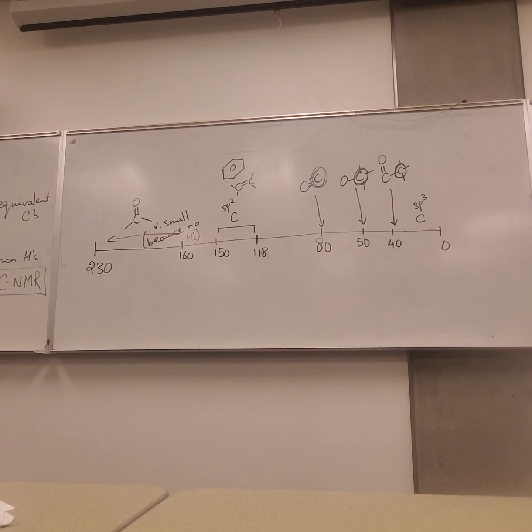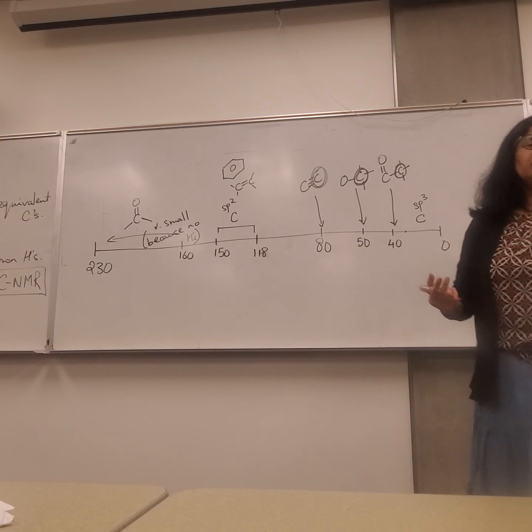Sometimes you're looking at a spectrum where one signal is yay big and the other is yay small. In those cases, we can make an educated estimation: because this signal is obviously so much bigger than that, let's say this is for one carbon, then that must be for two carbons. You can't really measure anything here because there's no integration.